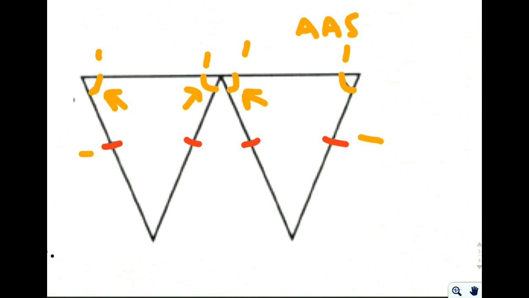You could also go the other way. There are a few different ways to do this, but using our isosceles triangle theorem to get our last piece of information, you could do AAS and say yes, they are congruent.